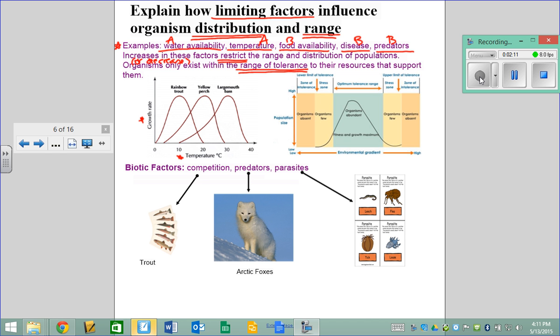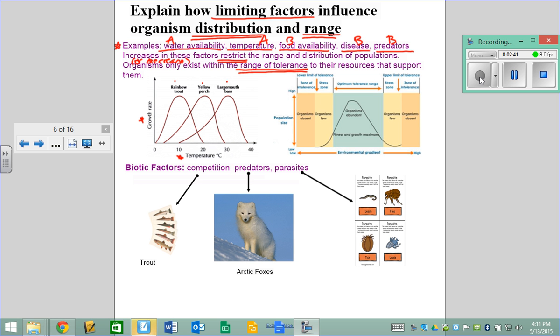So essentially we're talking about how fast do these different types of fish grow depending on what the temperature is. And you'll see that depending on the type, rainbow trout, yellow perch, largemouth bass, the optimum temperature for growth is different. Some of them require warmer temperatures, others require cooler temperatures for growth.